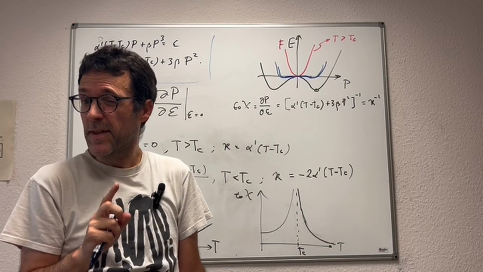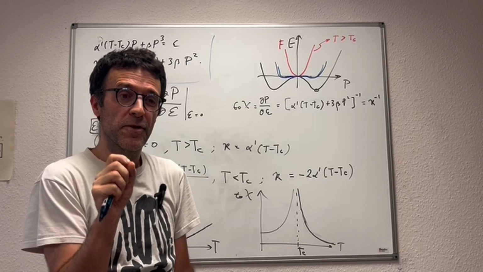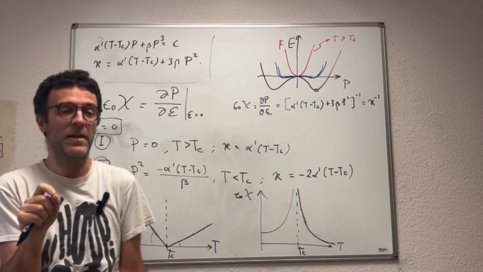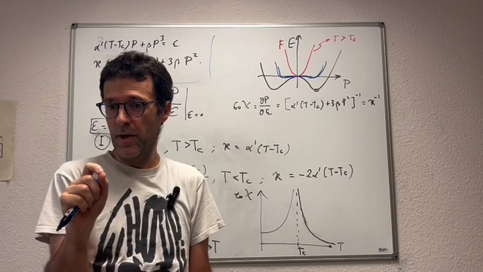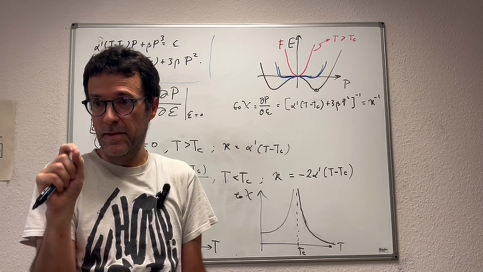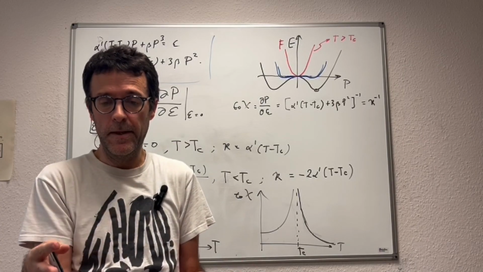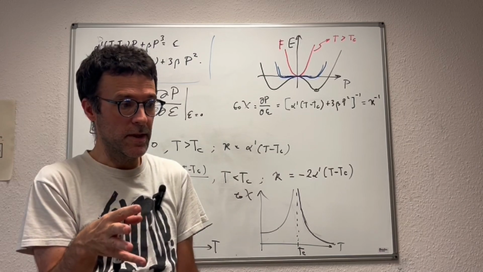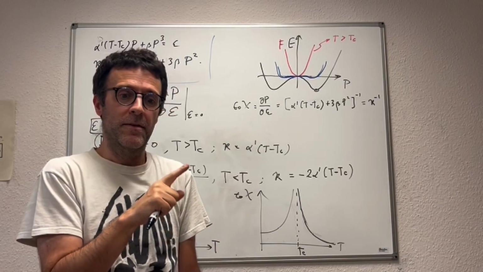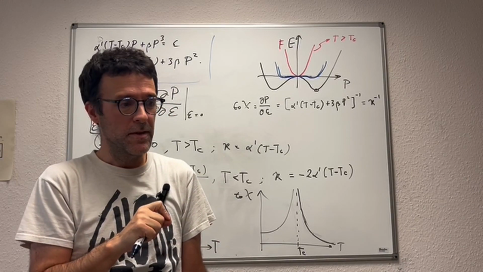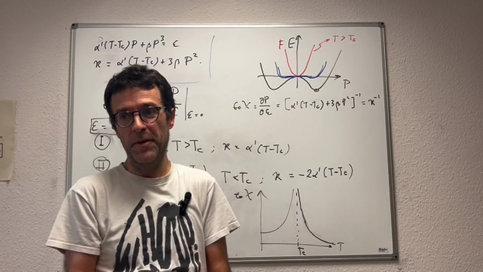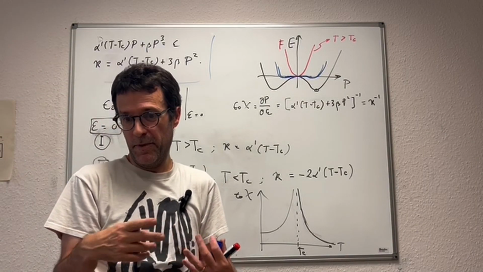Rather, the right way to understand this is that if I perturb the system infinitesimally, so if I use a very, very small electric field, I get a finite response. That is a much more physically appropriate way to understand a divergent susceptibility. Okay? It's a system that reacts even if the perturbation is infinitesimally small, rather than a system that gives you something infinite for a finite perturbation.